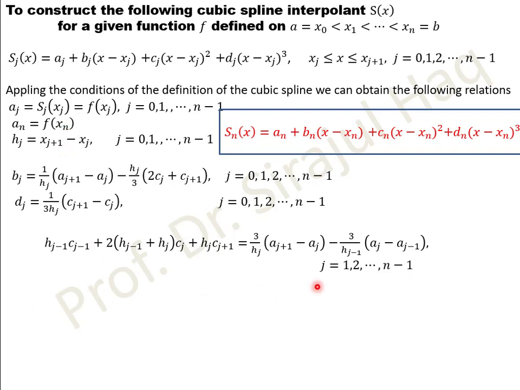Similarly, if I substitute j is equal to 0, c naught, I need it over here, c naught. But if I substitute j is equal to n minus 1, you get cn. And remember, in these splines, we don't need cn.